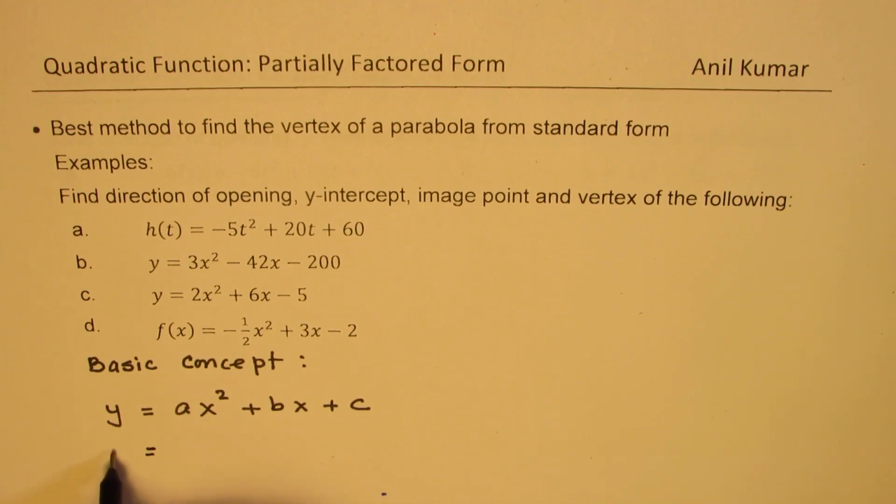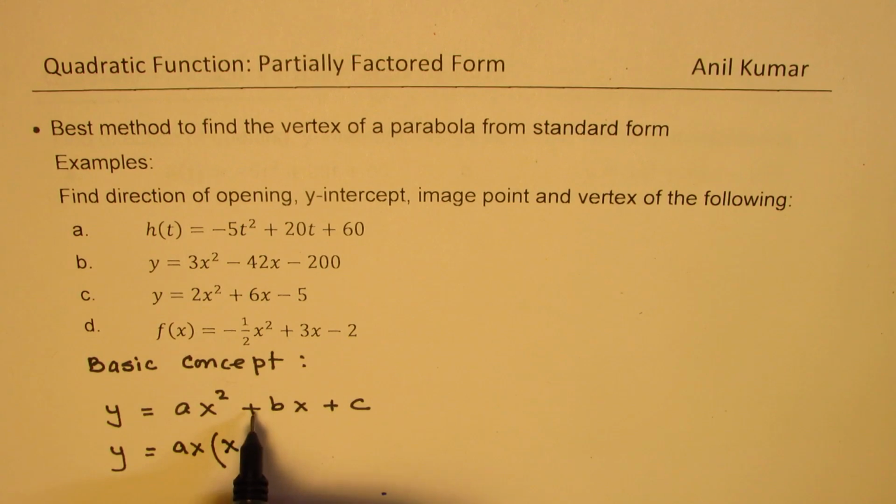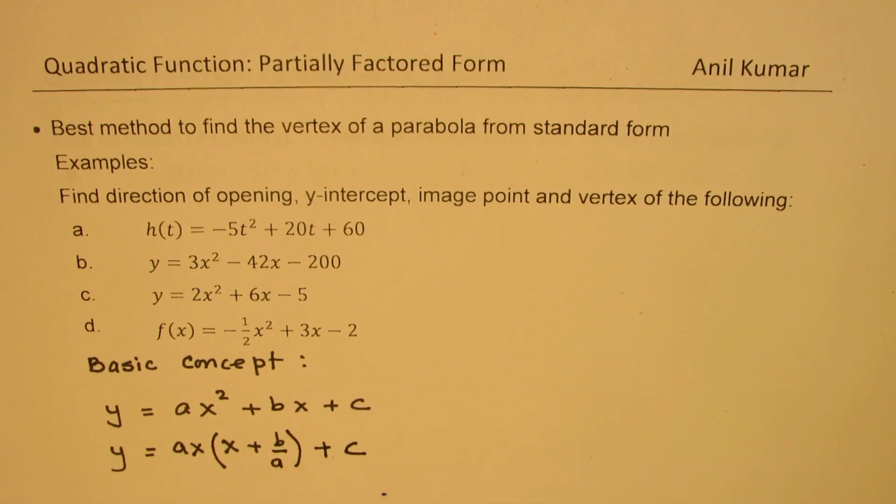However, we can always partially factor. Partially factor means at least from these two terms, I can take ax as common. So taking ax common from the first two terms, we will get x plus b divided by a, plus c. Now this equation which we have got is the partially factored form.